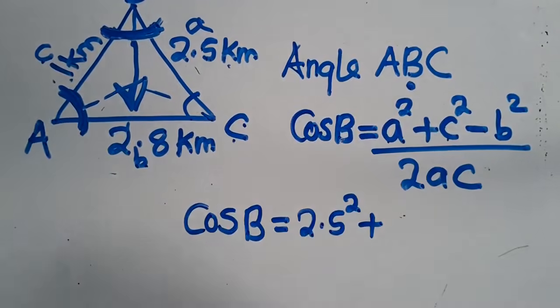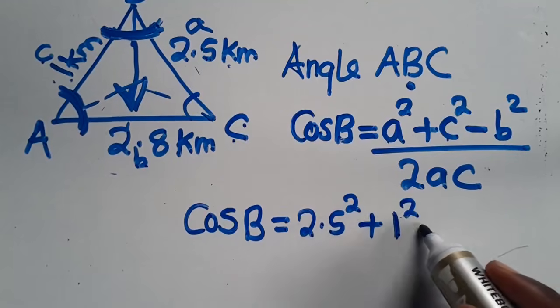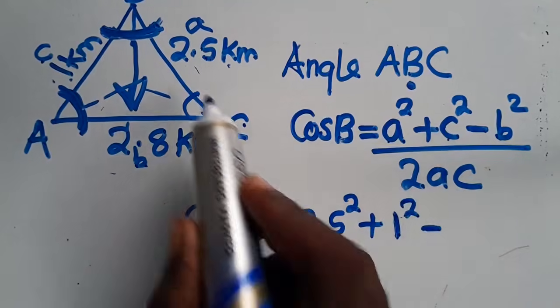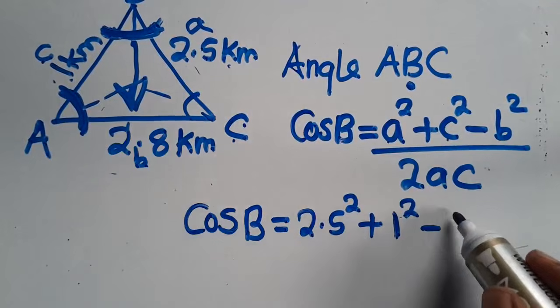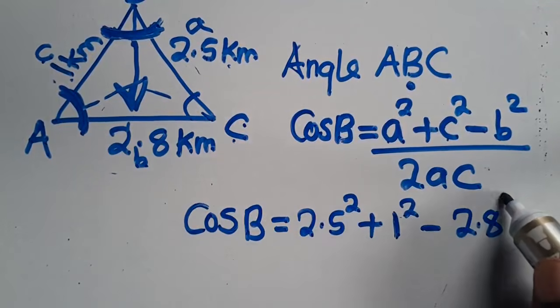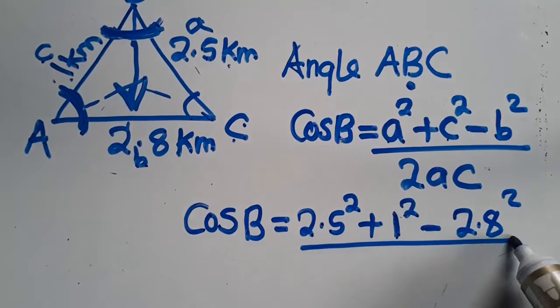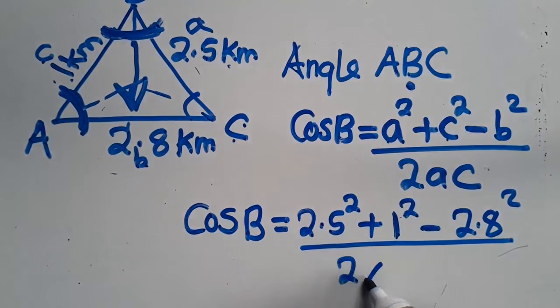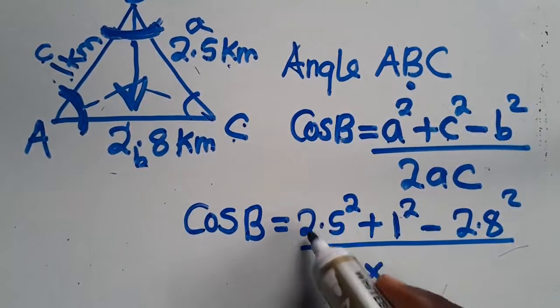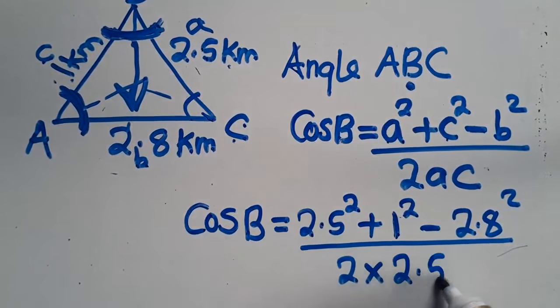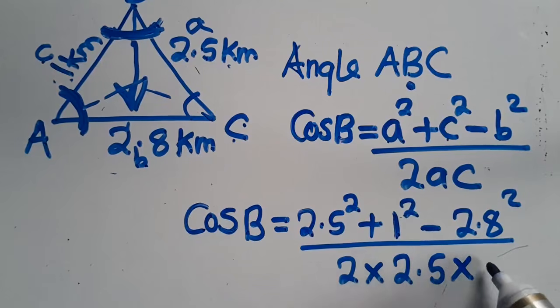Your C is 1. So you say 1 squared minus, what is your B? B, what is our B? 2.8. 2.8 squared. You say over what? 2 times, what is your A? Your A is 2.5. Times, what is your C? Your C is 1. This is what you are going to do.